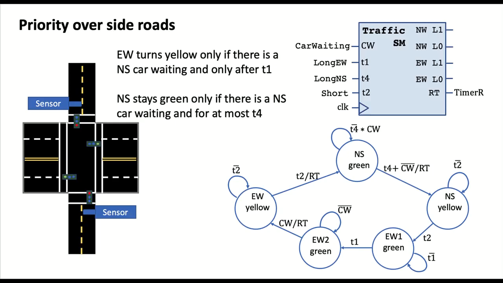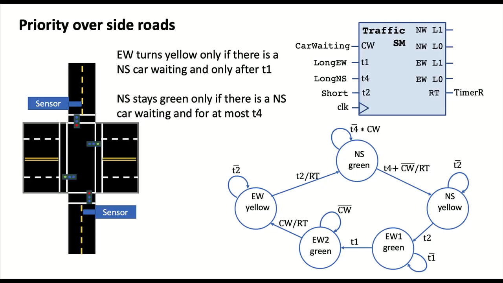Yes? Wouldn't it be possible to combine East-West 1 and East-West 2 into one state? So what would be your logic for staying there? The logic would just be car waiting, not car waiting, or not T1, and when it transitioned, it would just be car waiting and T1.